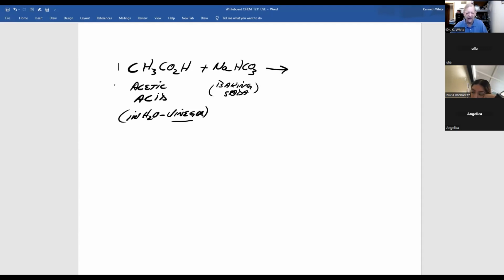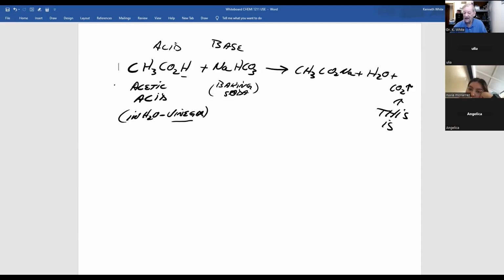And when you react it, you'll learn next chapter, it's an acid-base reaction. Here's the acidic proton, here's the acid, here's the base, and it reacts to give this salt called sodium acetate plus water plus carbon dioxide, and the arrow up tells you this is a gas.